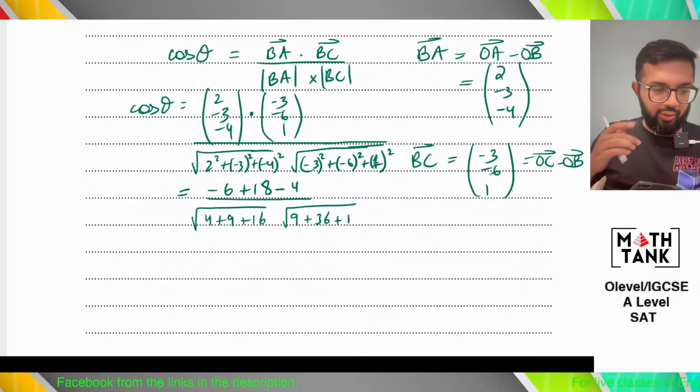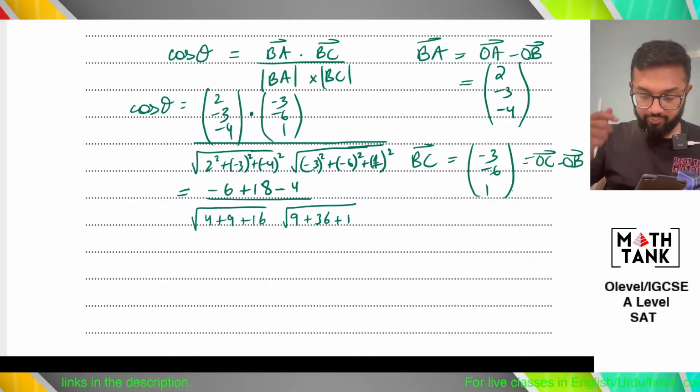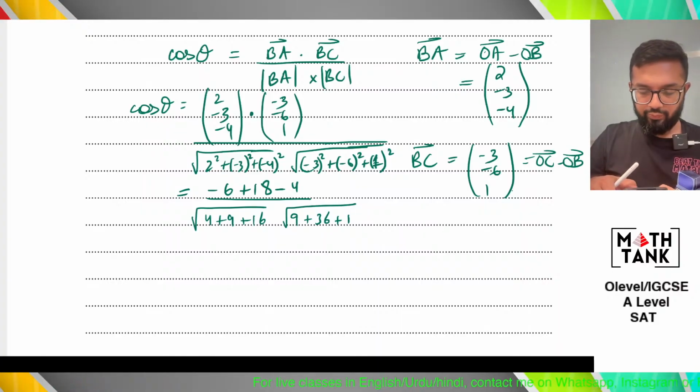Okay. Putting them in the other form, 18 minus 10 is 8. So theta is cos inverse of 8 over root of 13 and 16 is 29, and 36 and 10 is 46. Okay, my calculator is in radians.